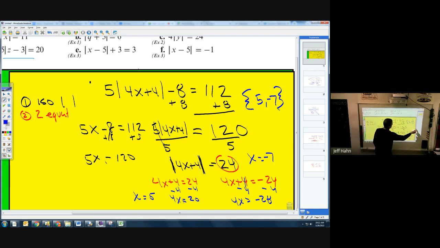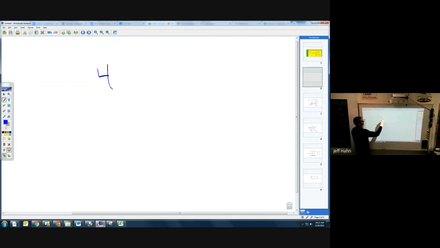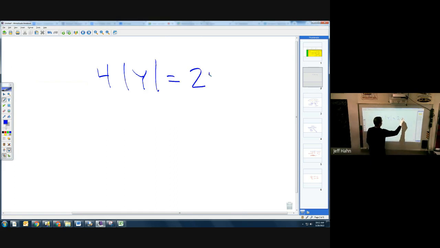Now, looking at the examples they gave you here, most of them are very easy. But let's do 4 times the absolute value of y equals 24. Step number 1 there would be to do what? If I'm isolating the absolute value sign, I divide by 4.